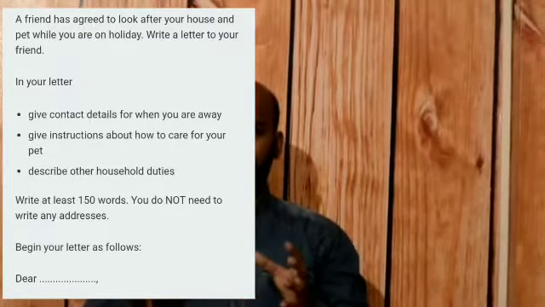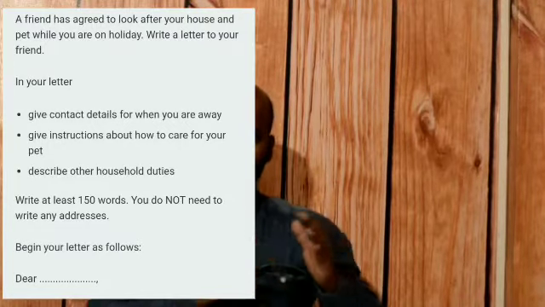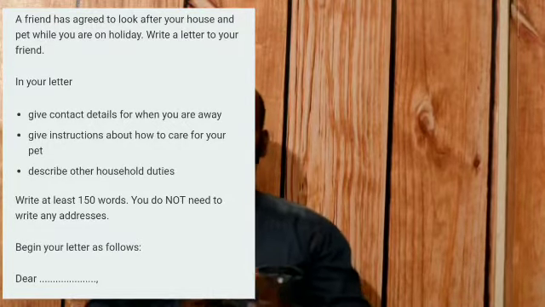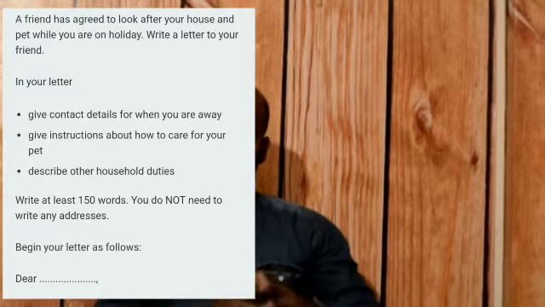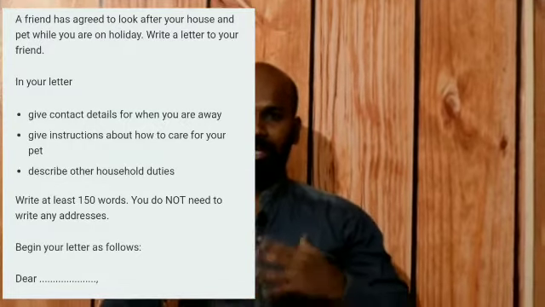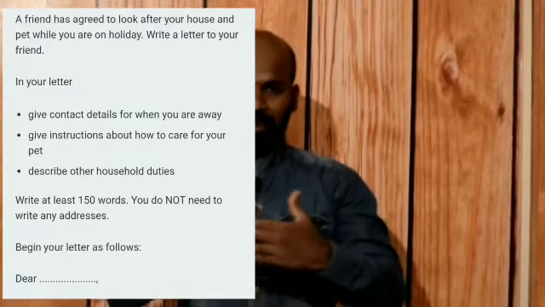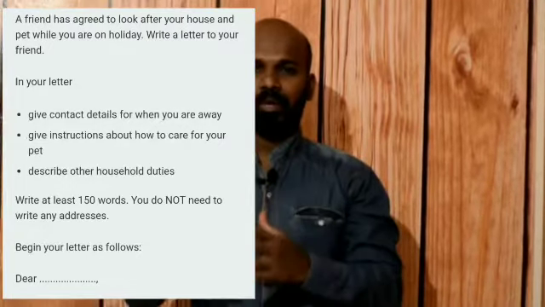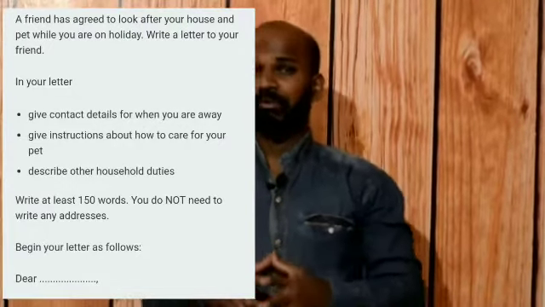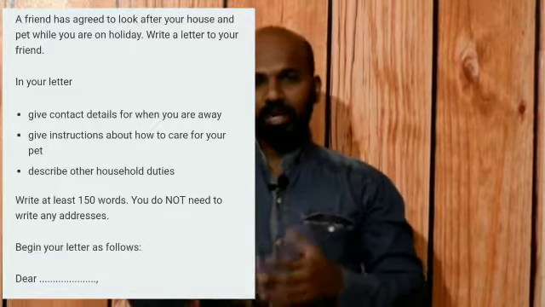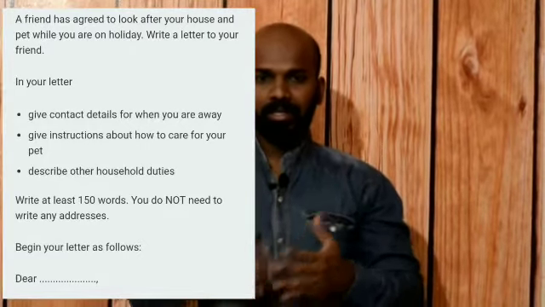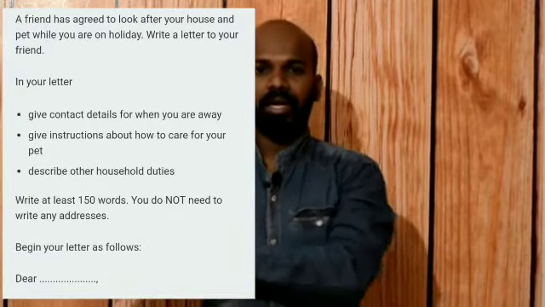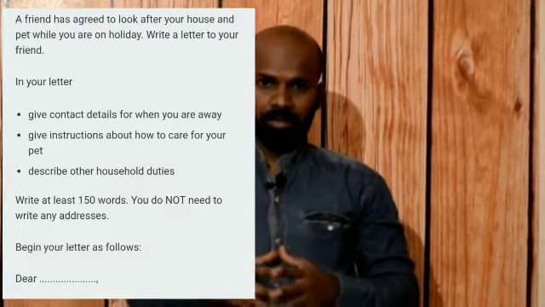So you need to arrange the details of each bullet point in 3 different paragraphs very clearly, and with language that creates a good relationship with your friend, because you are writing to your friend. Then you will have the instruction, like you begin your letter as follows, like "Dear".